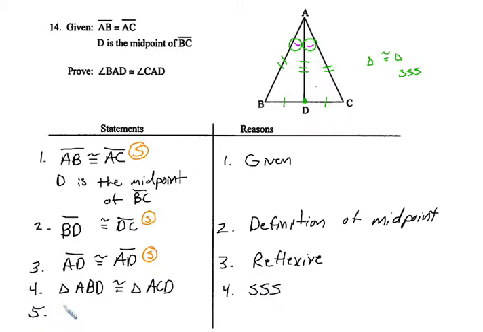And the whole goal now of proving that triangles are congruent is so I could take the parts that I want, angle BAD and angle CAD, which are part of those two congruent triangles, and say that they are also congruent. So angle BAD is congruent to angle CAD because corresponding parts of congruent triangles are congruent, which we're abbreviating CPCTC.